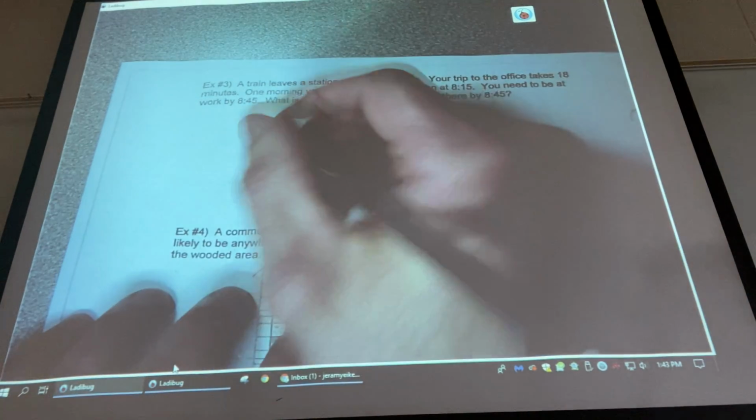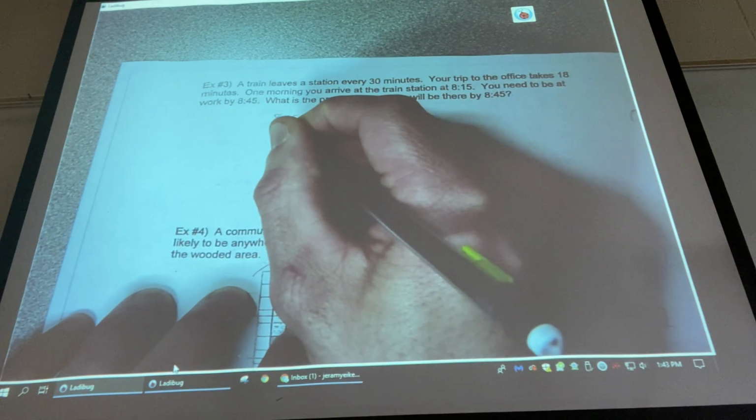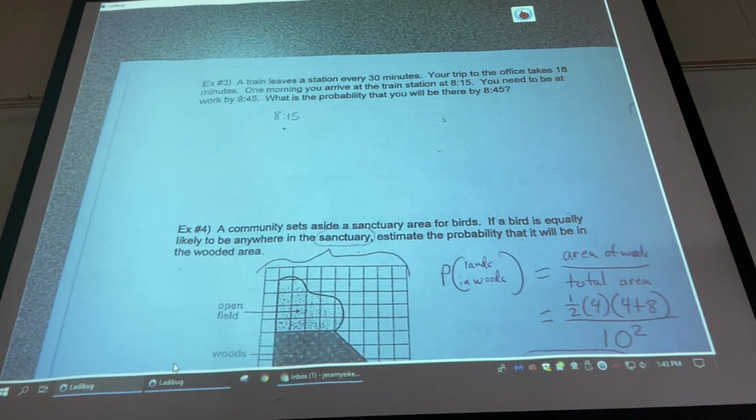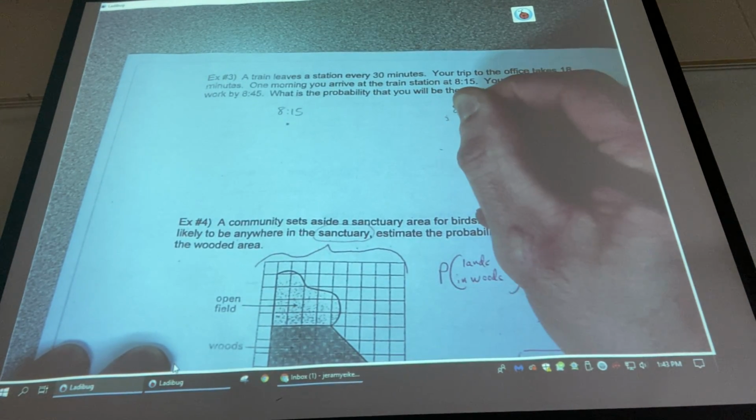So here's us showing up at the train station at 8:15, right? All right, there's us. It says you need to be at work by 8:45. So that's kind of the end goal, maybe, possibly. I'm just kind of thinking here.